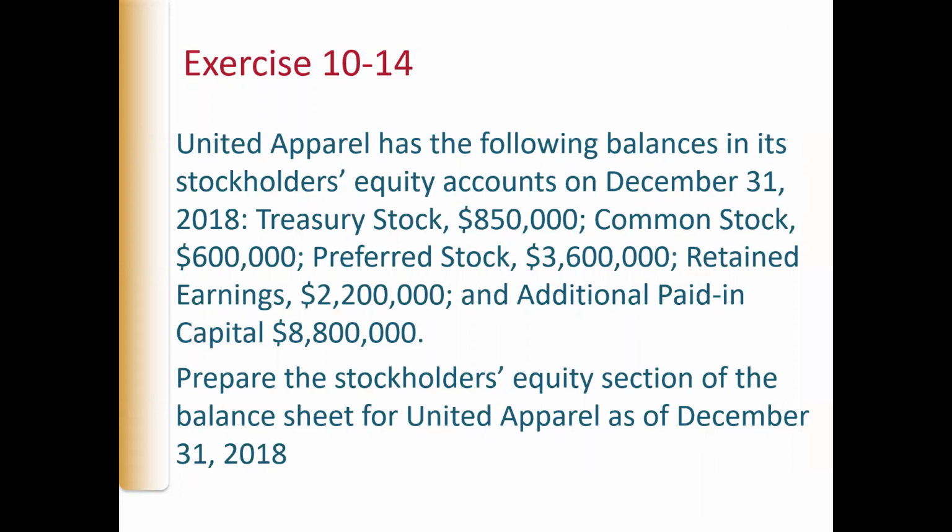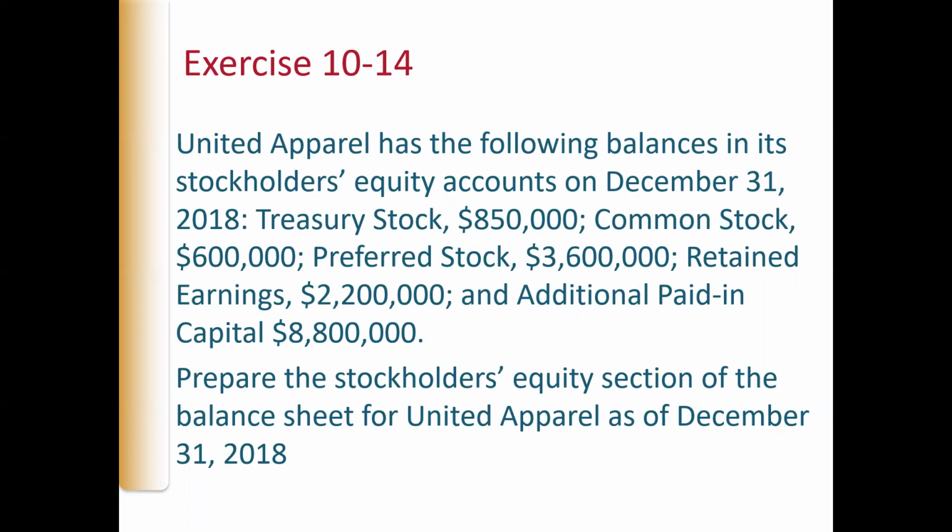So this example, now this one, I am going to make you do on your own. And I'm going to have everyone tell me what their total is here in the chat. United Apparel has the following balances in its stockholders' equity accounts on December 31st, 2018. Treasury stock is 850,000.